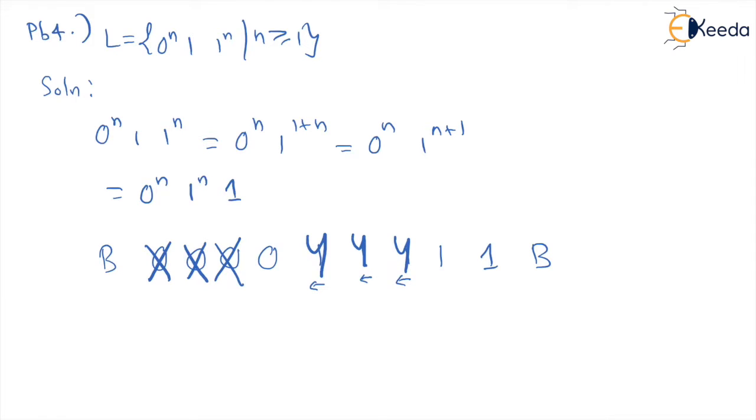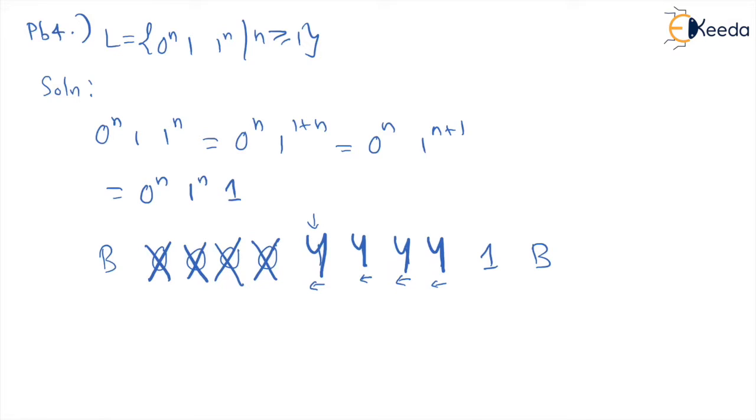Move to the leftmost thing till you get the first x, keep the x as it is and move to the right. The moment you get a 0, make it as x, move to the right, bypass all the y's. The moment you get the first 1, make it as y, move to the left, bypass everything till you get the first x. Now keep the first x as it is and move to the right.